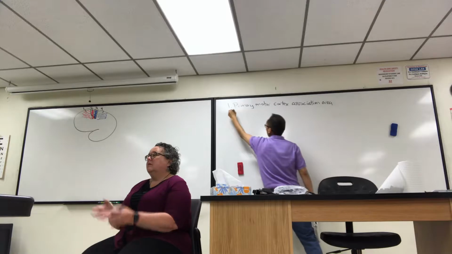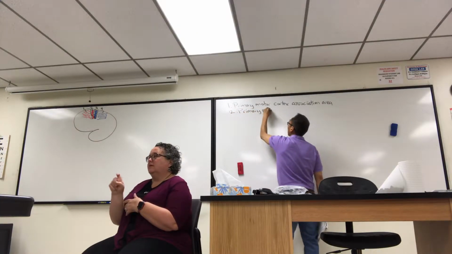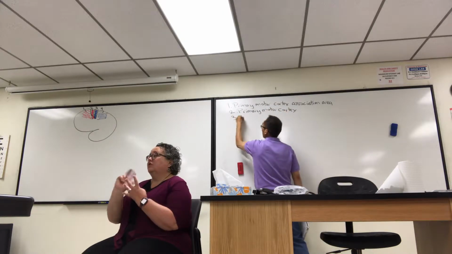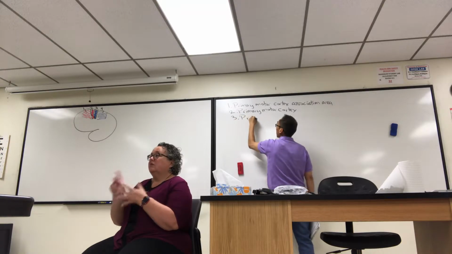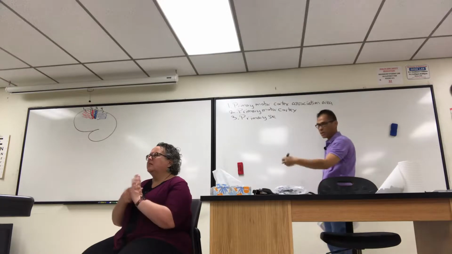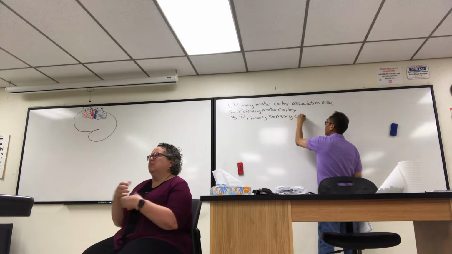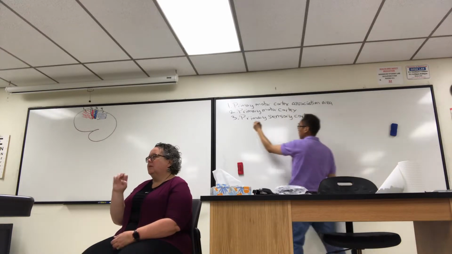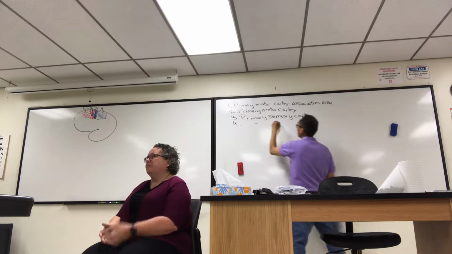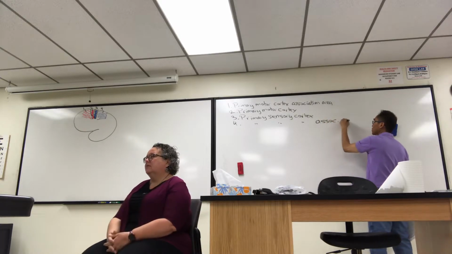So then 2 is the primary motor cortex. 3 is the primary sensory cortex, sometimes called somatosensory, but I'll just say sensory for shortness. Sensory cortex. And its association area, which is number 4. Primary sensory cortex, association area.